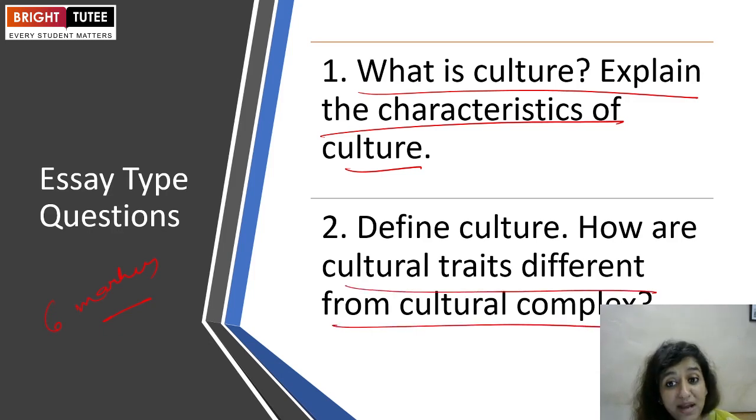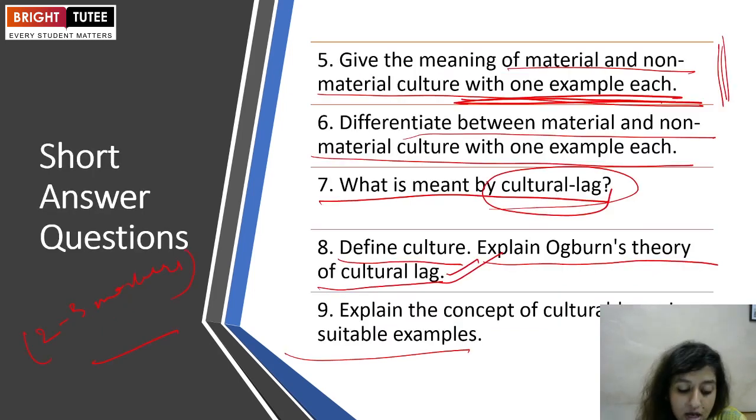You may explain culture first, explain cultural traits, explain cultural complex, and then explain the difference between cultural traits and cultural complex. Just a minor thing here, these can also be 2 to 4 markers, not just 3, any of these markers.